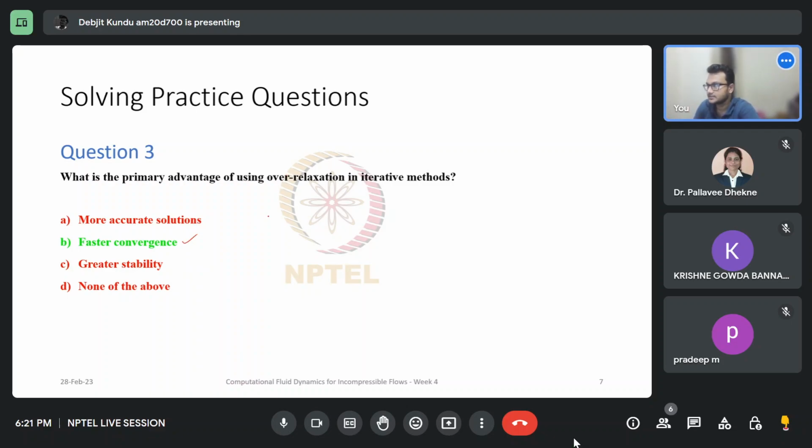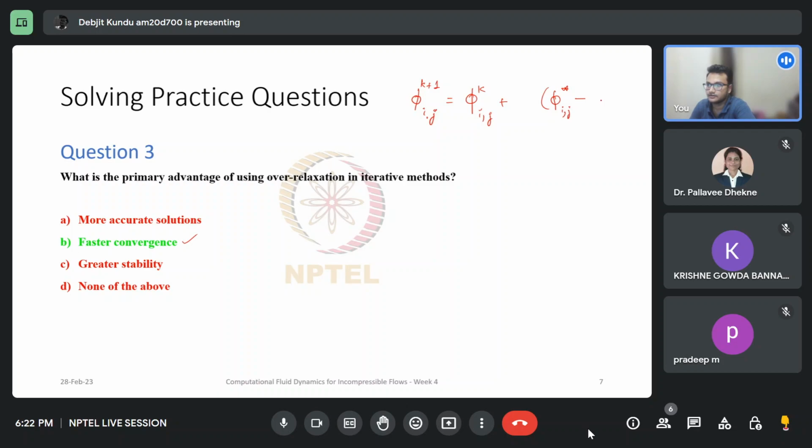So what is exactly done in over relaxation? So I have this phi i,j at the (k+1)th iteration. What we do is we take the values at the earlier iteration and then we add some correction to it.